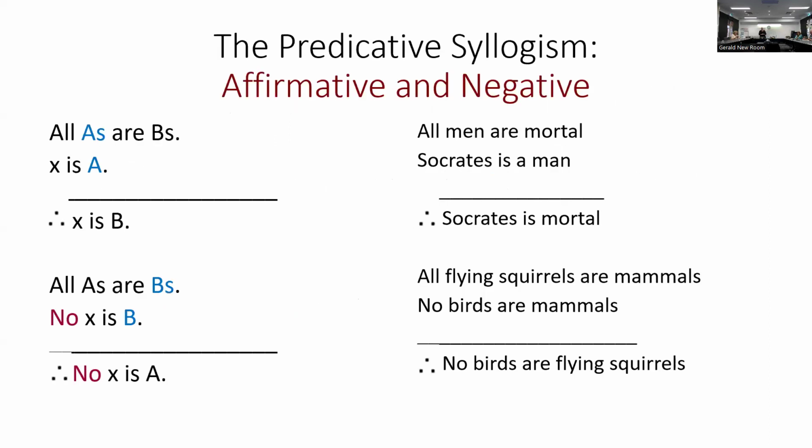The affirmative: all A's are B's, X is A. So if Socrates is a member of A, he must be a member of B. The negative: all A's are B's, no X is B, therefore no X is A.